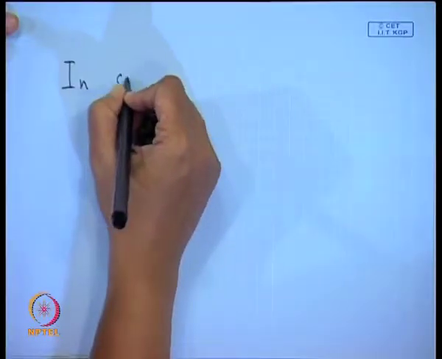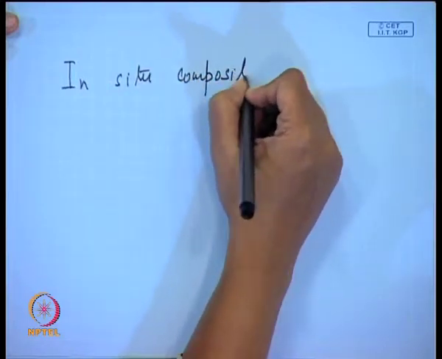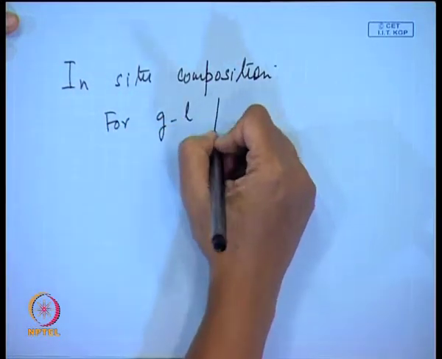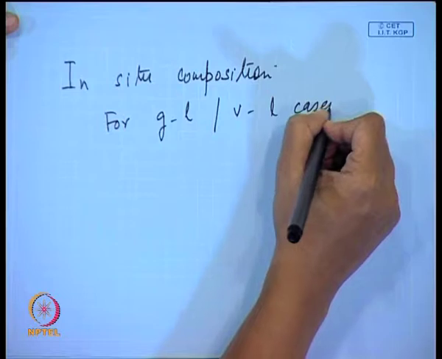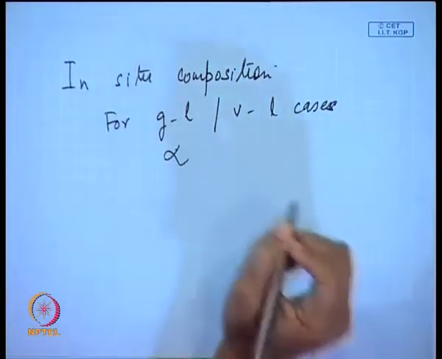Okay. This I had already mentioned in the introduction part also. So, we need two particular parameters to define the composition. One of them is going to be the in situ composition, which for gas liquid or vapor liquid cases is nothing but the void fraction, which we denote as alpha.